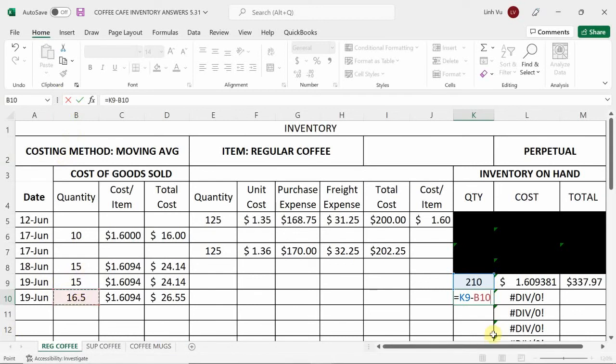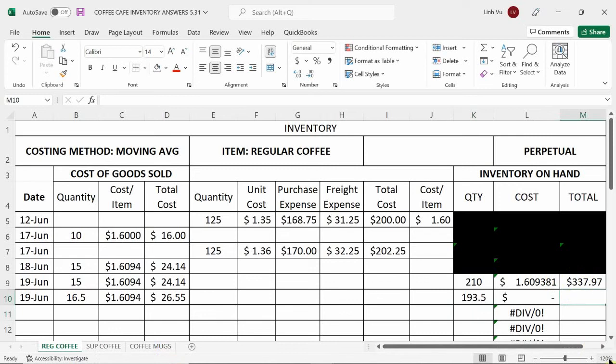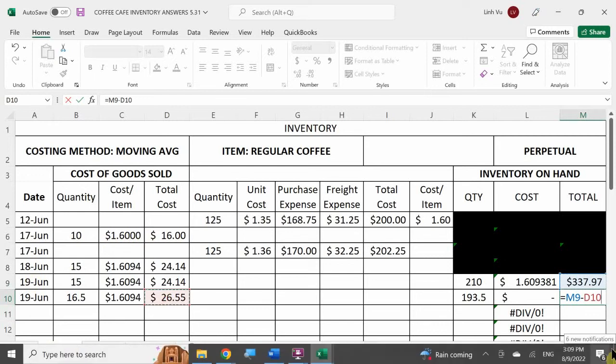193.5. Okay. 193 and a half. If I started out with 337.97 and I sold or used $26.55 of the coffee, how much should I have remaining? 311.42. Good.